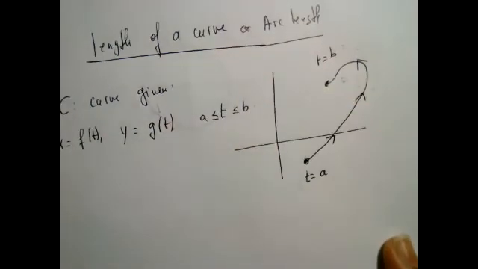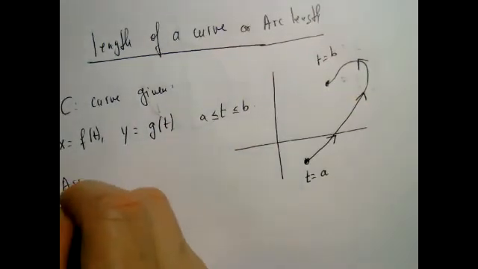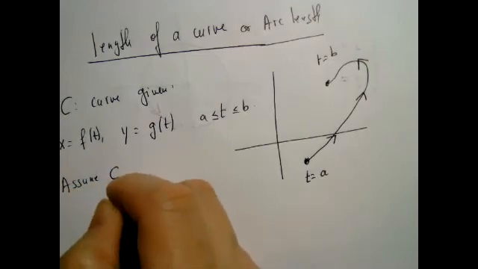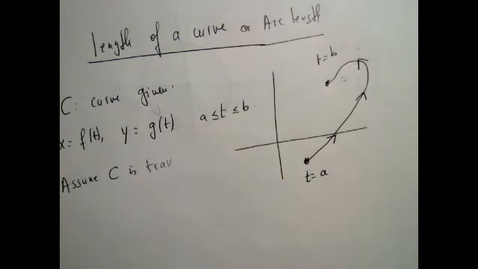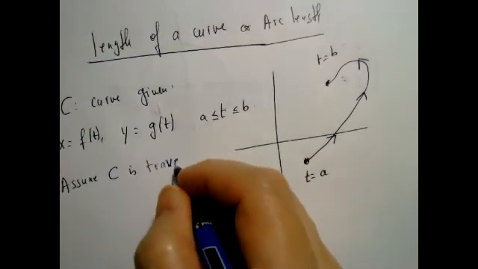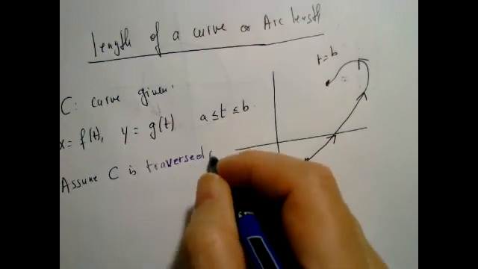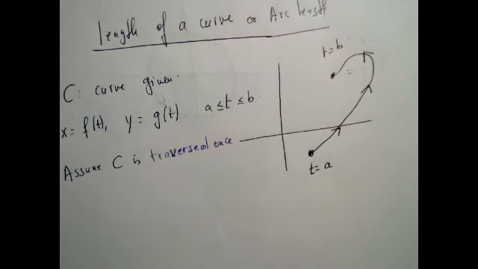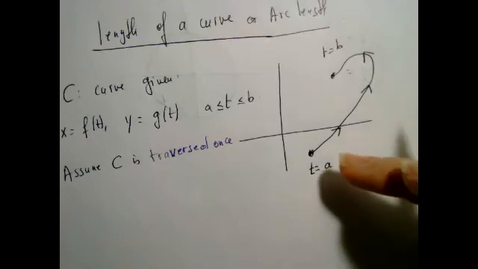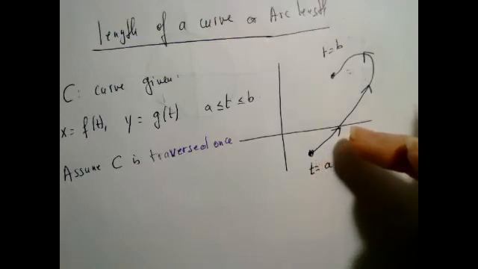Okay. And also we're going to assume that C is traversed once. What do I mean by traversed once? Maybe it crosses the x-axis only once?